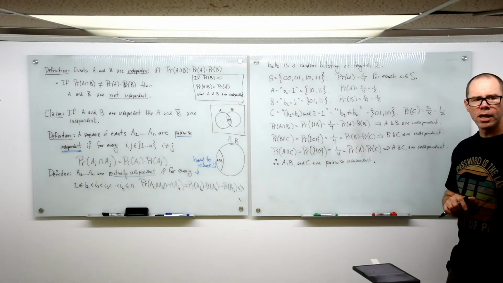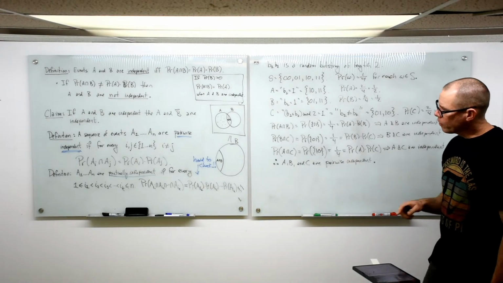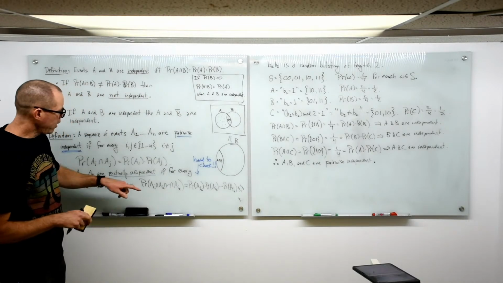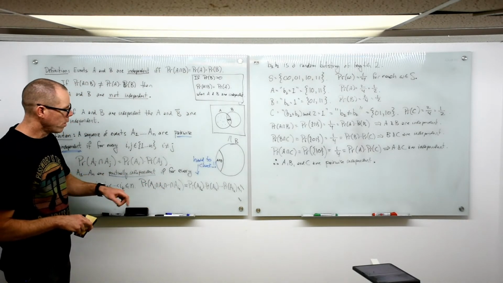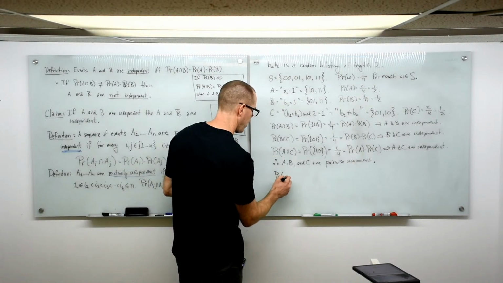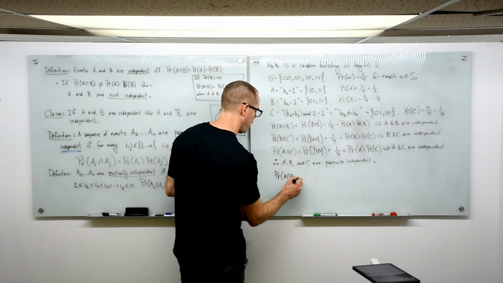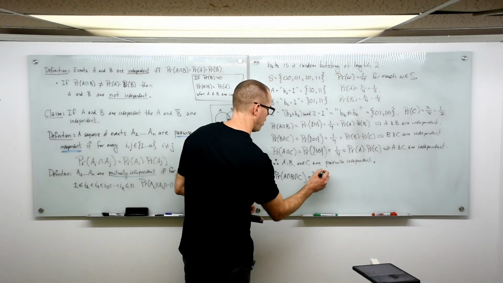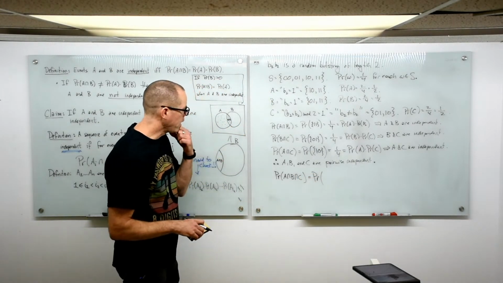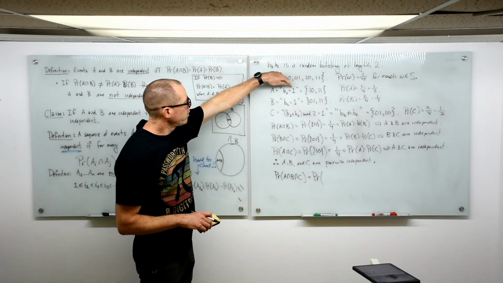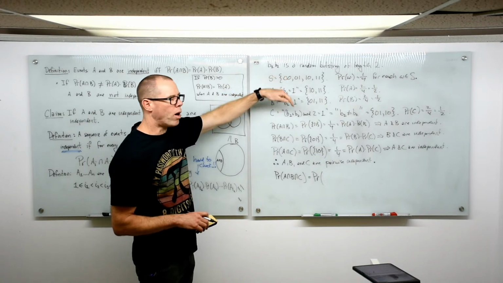But what I haven't checked yet is if this formula holds when I take the entire set. So I need to check the probability of A and B and C. Okay, so what is that set? A and B and C. Well, to be in A, your first bit has to be 1.